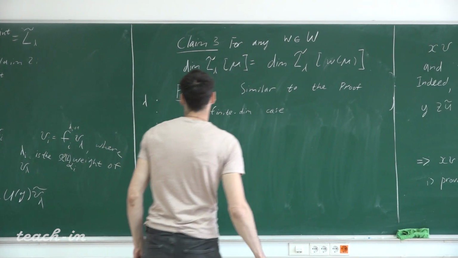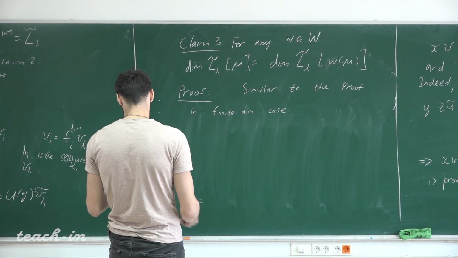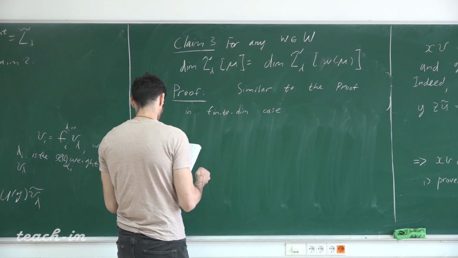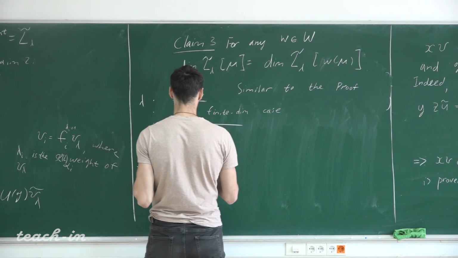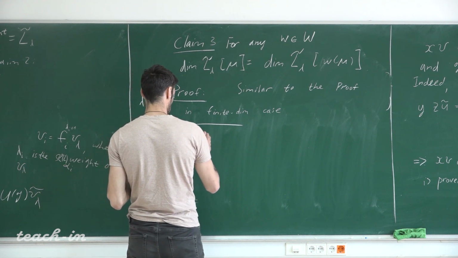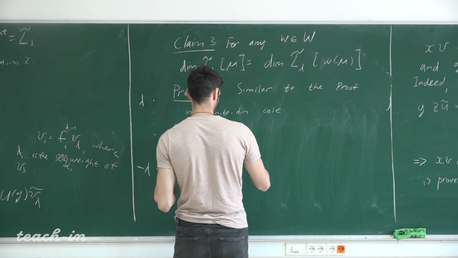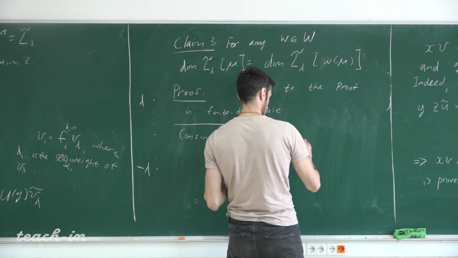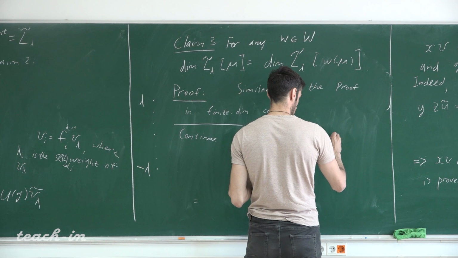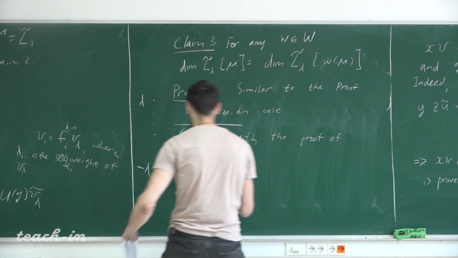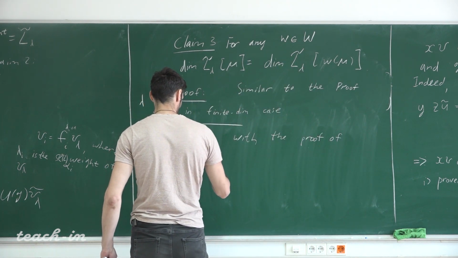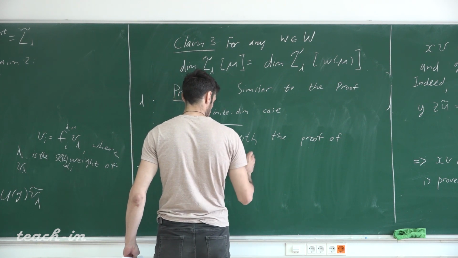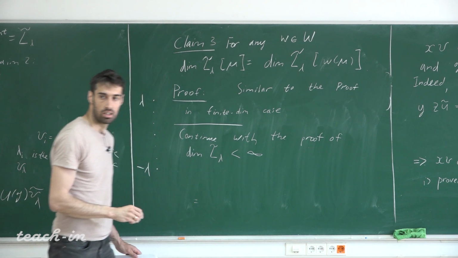All right. And we're almost there. So continue with our goal, with the proof of the theorem. That is, we would like to prove that the dimension of L lambda tilde is less than infinity.